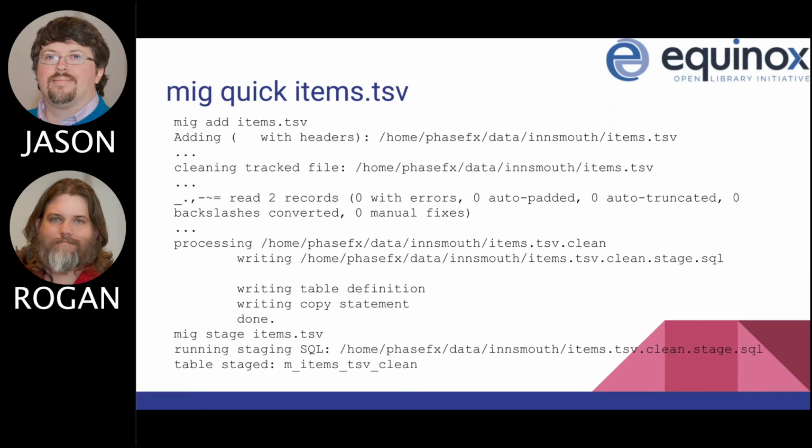And clean CSV will actually parse the CSV file, and if it finds errors, if it can't parse something, it brings up an exception for you to handle there on the fly. And once you handle it, it remembers how you handled it. Furthermore, it can apply that fix based on matching patterns to other rows that remain in that file. So it's a very useful tool. But yeah, MIG quick just makes it more quick.